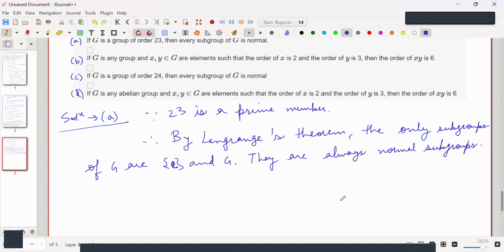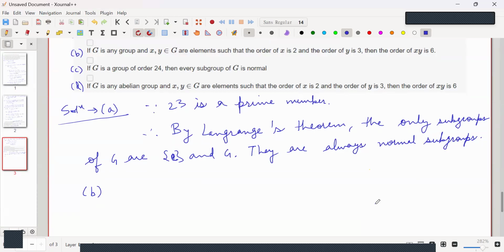What about the second one? G is any group and X and Y are two elements of G such that X has order 2 and Y has order 3, then the order of XY is 6. Not true. Why? Any counterexample? Consider S3.